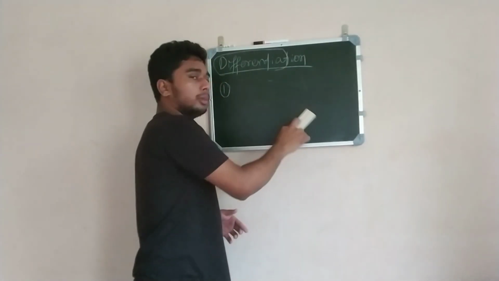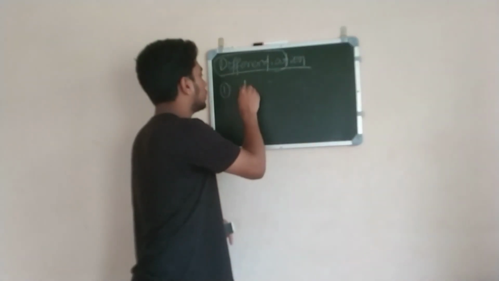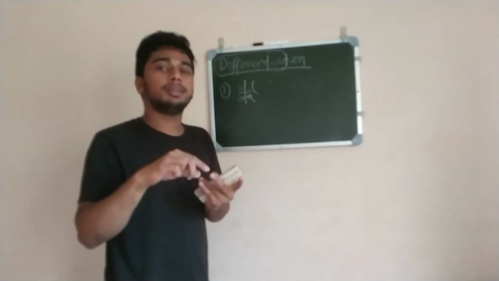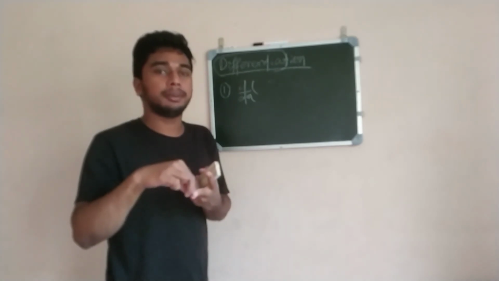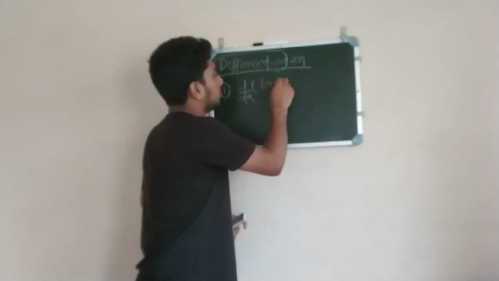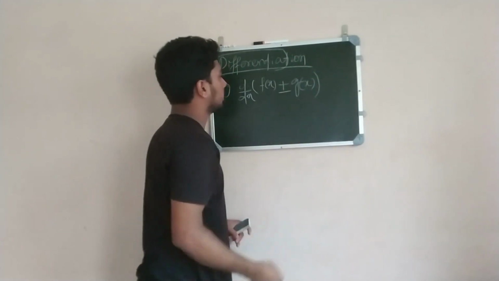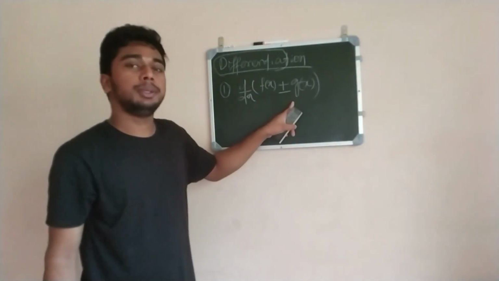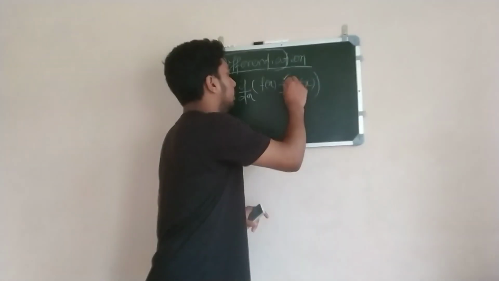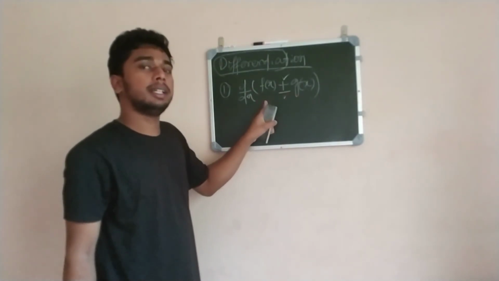Let's go to some important properties of a derivative. The first property: if there are two functions, for example f of x and g of x, and they are added or subtracted, then how can I find their derivative?